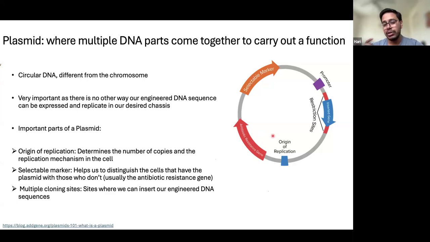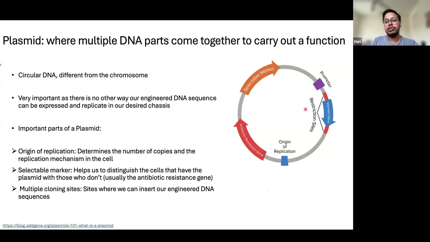But the cells which don't have that resistance gene, or the cells that did not take up the plasmid during the process of transformation, will not be able to grow in the media with that antibiotic because they don't have this plasmid which contains the antibiotic resistance gene. So that's one way to selectively screen for which of the cells have actually taken up the plasmid.